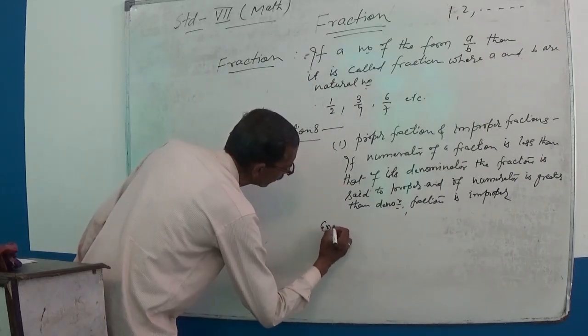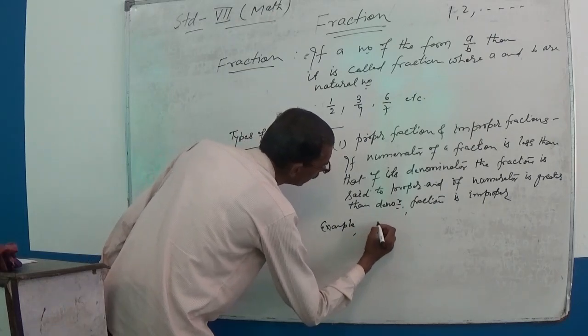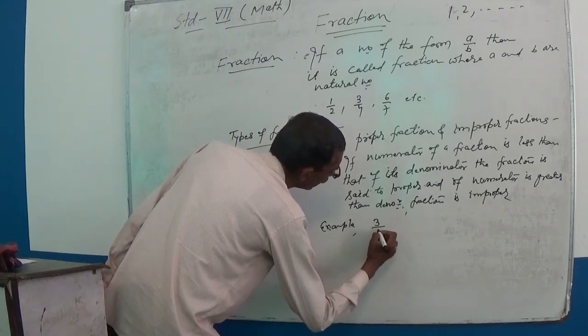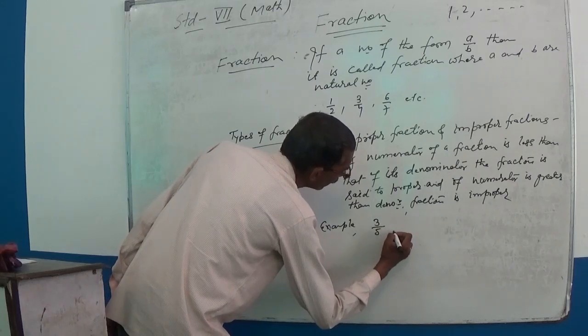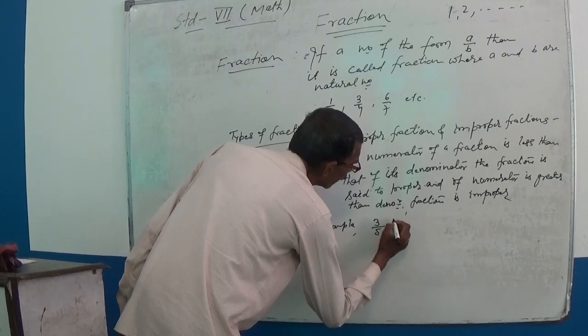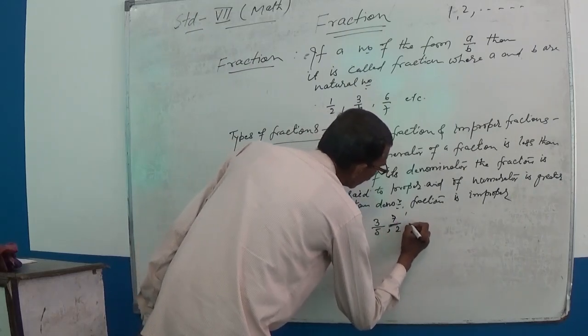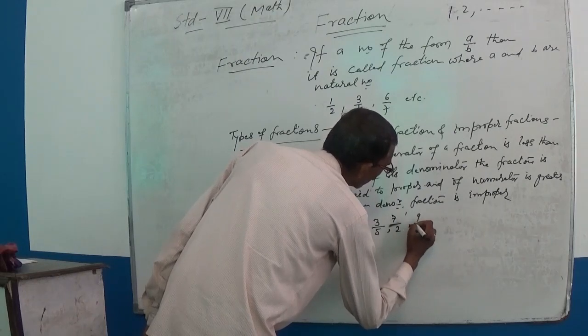Example: suppose 3 by 5, 7 by 2, 9 by 5.